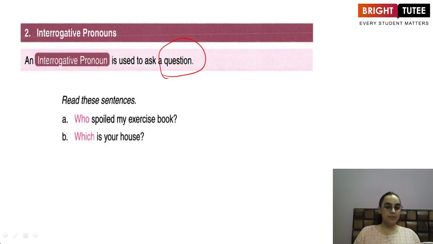Now, there is one thing that you ought to remember whenever we talk about pronouns. There is a lot of confusion pertaining to the usage of pronouns and to the usage of adjectives. This is at times deemed to be confusing. Please remember that a pronoun is used as a substitute of a noun. We have learned that.